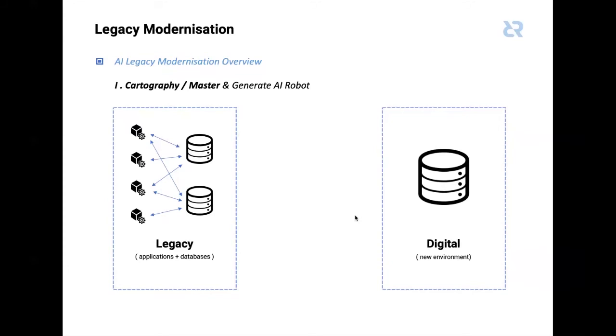So what will our technology do? Our technology will start by looking at your complete legacy environment, and it will build a complete data cartography. At the same time, we will provide you the tools that will enable you to model and design your new database environments.